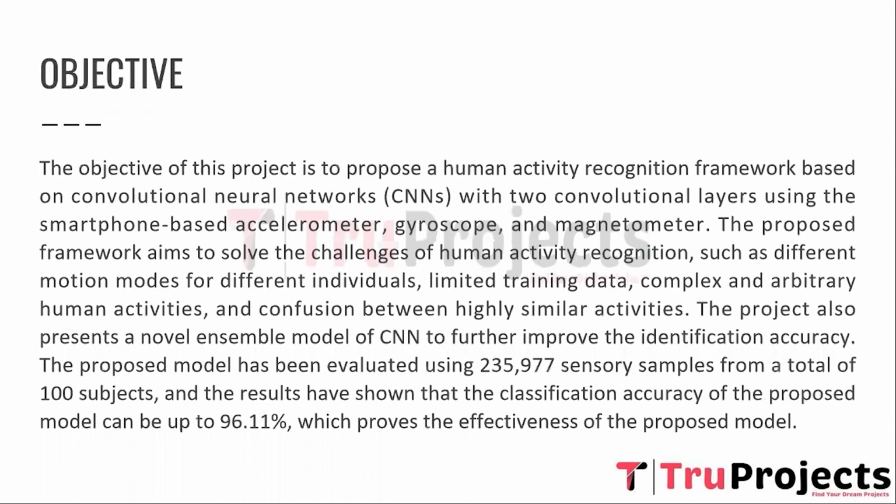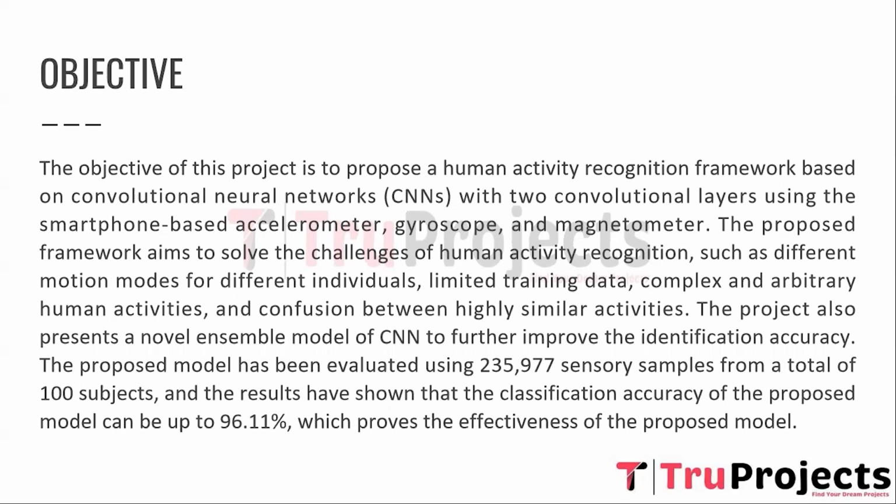The objective is to introduce a framework for human activity recognition that utilizes a CNN with two convolution layers. The framework leverages data from the accelerometer, gyroscope, and magnetometer of a smartphone to address the challenges associated with human activity recognition.